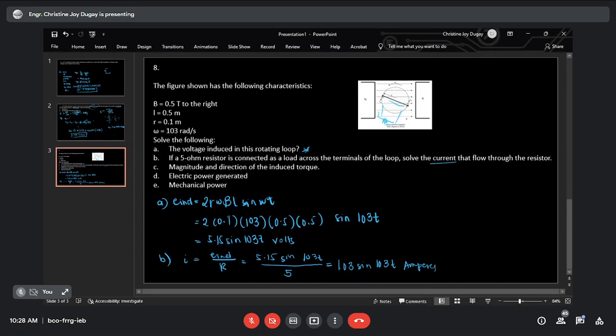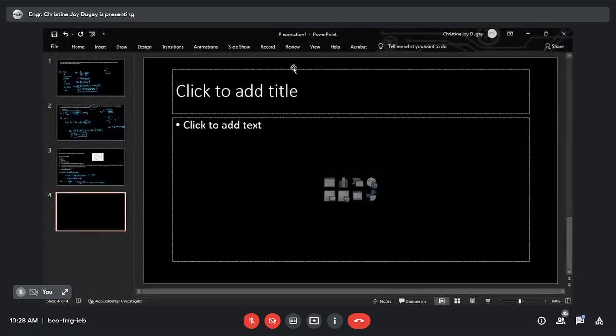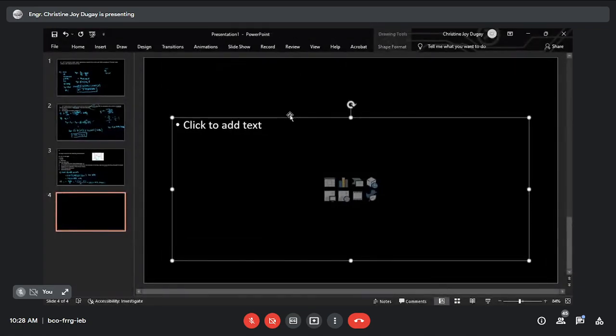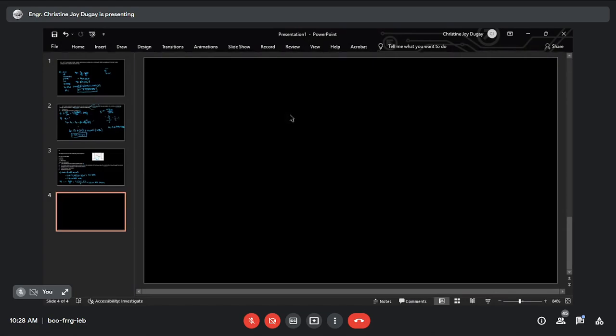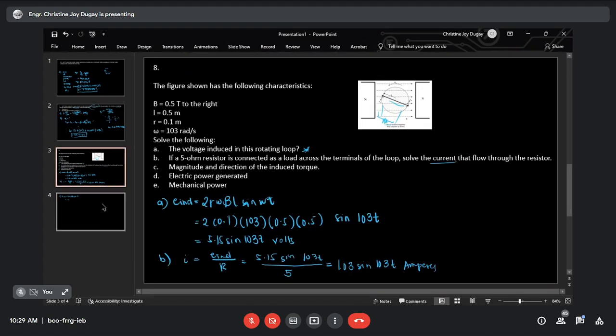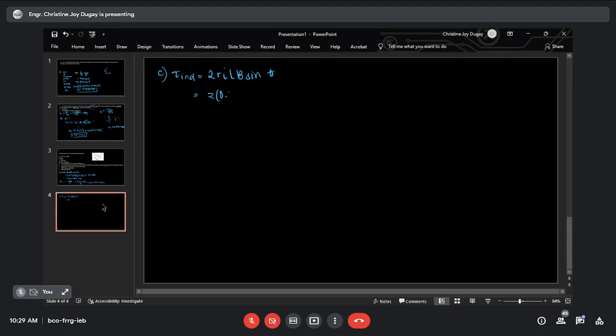And then for letter C, what is our equation again in solving for the torque induced? 2R I L B sine theta. Or theta natin is omega t. So that is equal to 2. Ang R natin, balikan po natin yung given, that is 0.1.